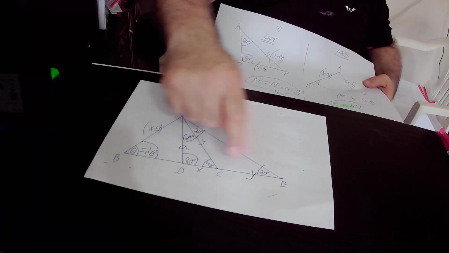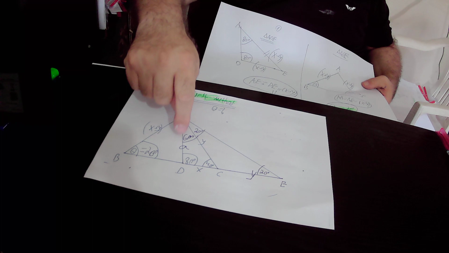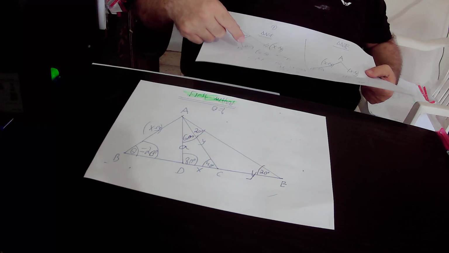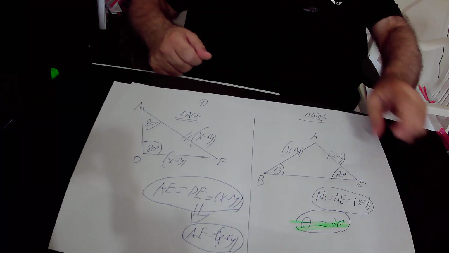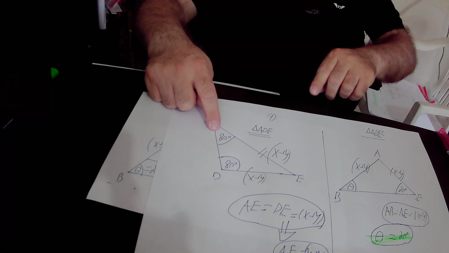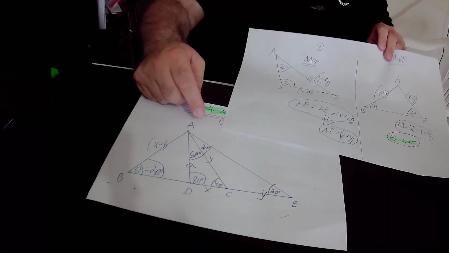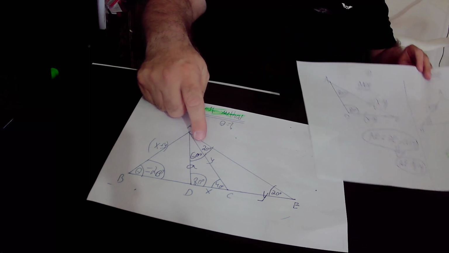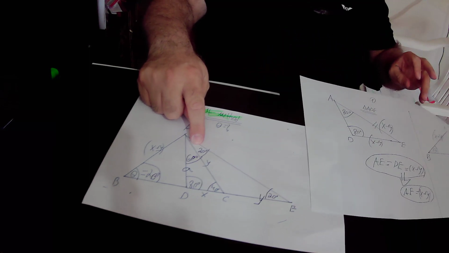Then we focus on triangle ADE. I copied triangle ADE onto this new page and we analyze it. This is triangle ADE that I copied from the original drawing. Angle DAE equals 60 degrees plus 20 degrees. I explain why.